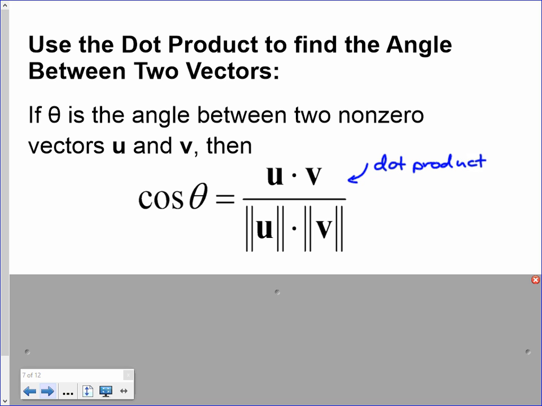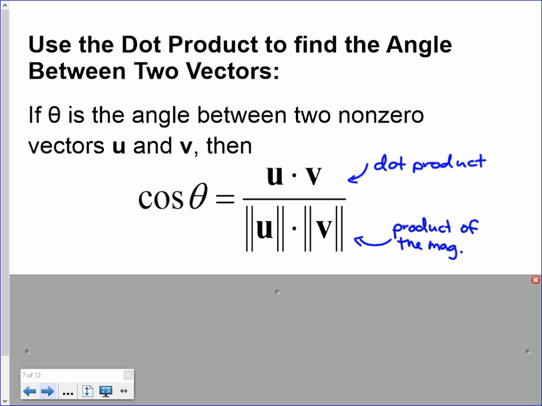Okay. In the denominator, what are these representing? Magnitudes. So the denominator is the product, meaning multiply, of the magnitudes of U and V. So we know how to calculate magnitude, square root of v sub 1 squared plus v sub 2 squared.